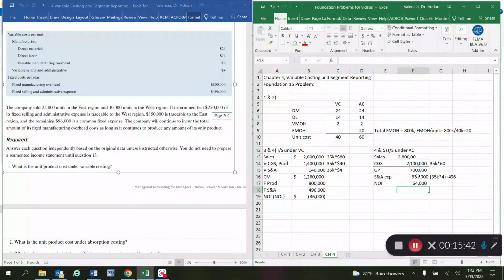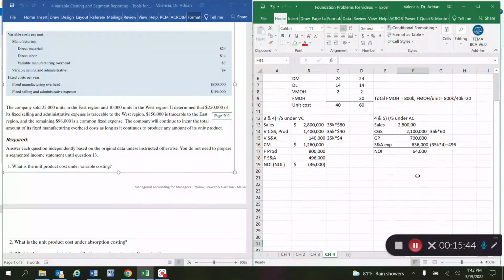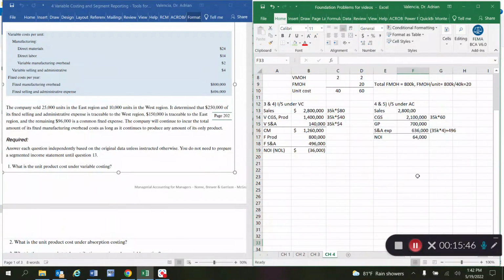Okay, so what we see here is a difference between the two approaches in terms of profitability that should make you think. If we use variable costing, we have a loss based on the sales level of 35,000 units. But if we use absorption costing, we have a profit of $64,000. And you know, the question is, where is that coming from?